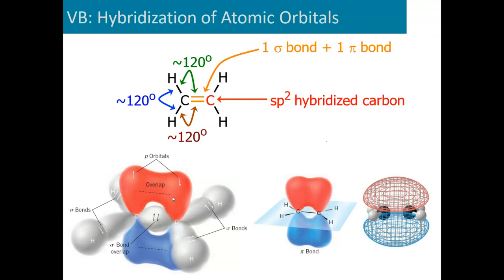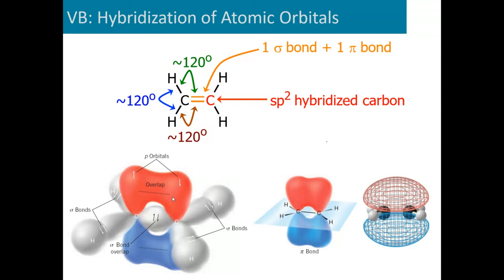But do not get confused between the reactivity and the strength of the bond, because the double bond strength is higher than a sigma bond, because on top of the sigma bond you add the strength of the pi bond. But the pi bond has lower strength than the sigma bond.